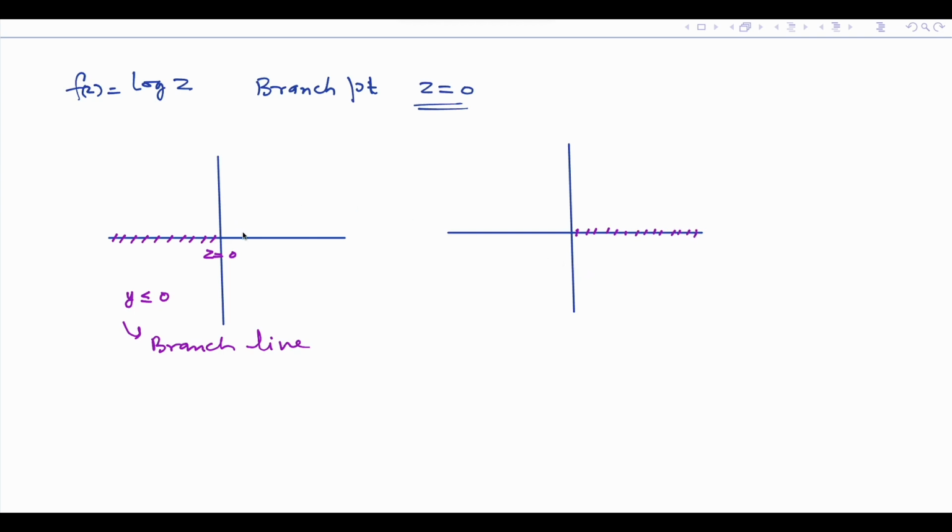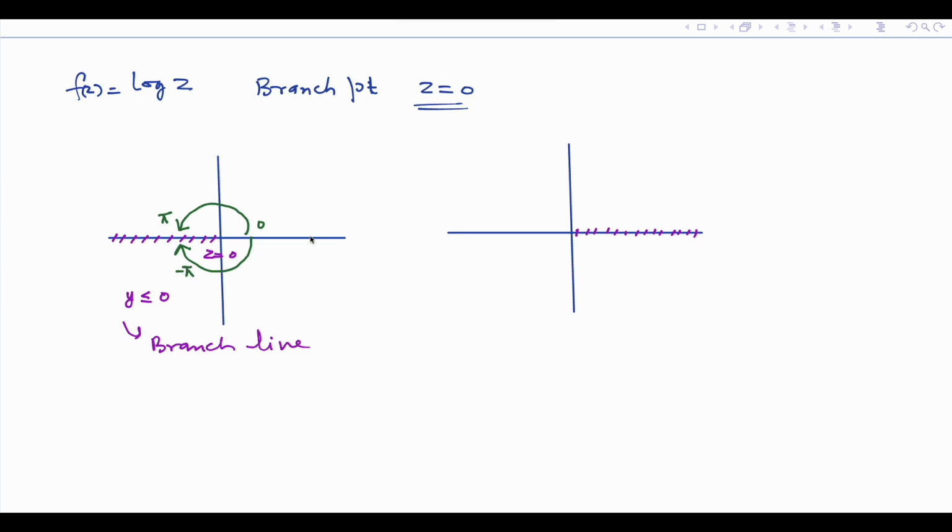So for this, what we are doing here is moving theta from 0 to pi, and if we are moving from here in the negative direction, 0 to minus pi.